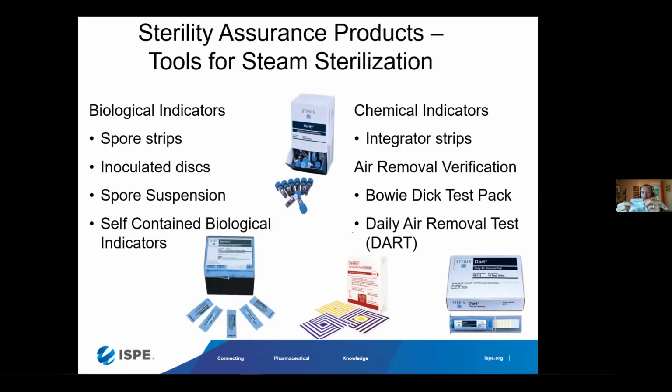The envelope is just adding protection for the spore strip post sterilization. There's no risk of contamination until the aseptic transfer. Post sterilization, the white strip should be placed into a tube of culture media.